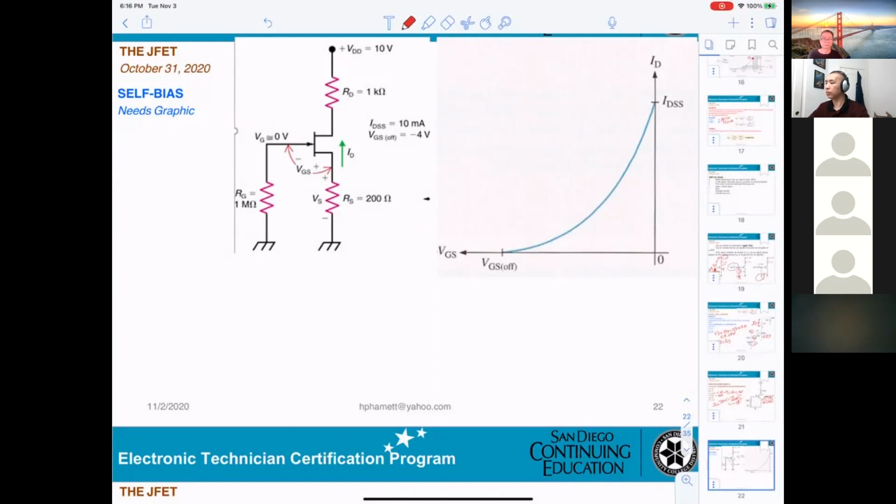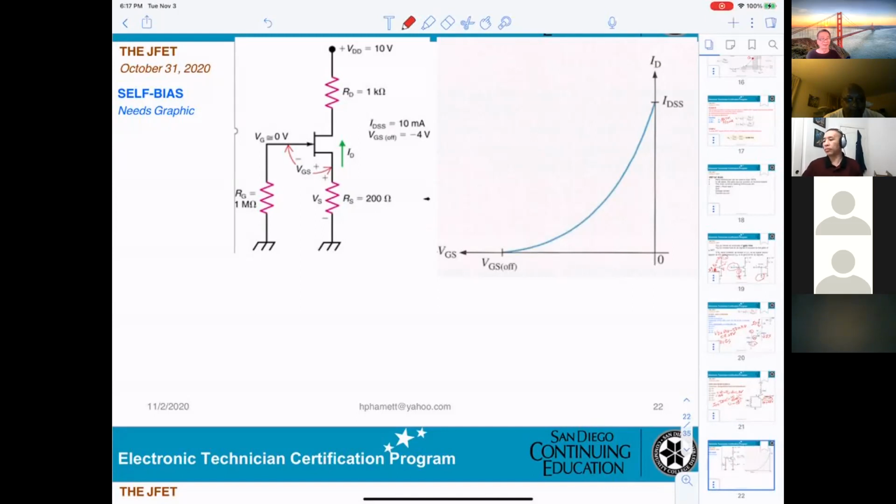You only have that VDD. You only have one voltage source. You don't have a source at the gate. You don't have any voltage at the gate. The gate is tied to ground, right? Right.